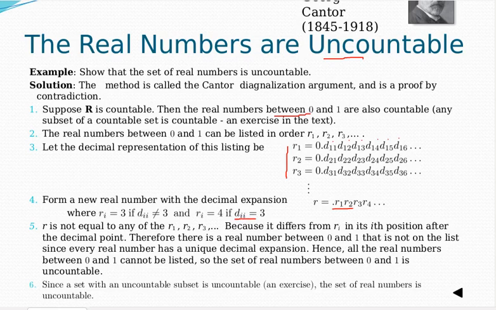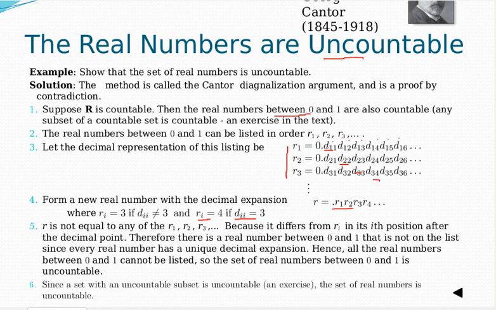So what we do is, if this digit is not equal to 3, we'll use 3, and if this digit is equal to 3, then we'll use 4. So we look at all these diagonal digits, and if they are not equal to 3, we'll write 3, and if they are equal to 3, we'll write 4.